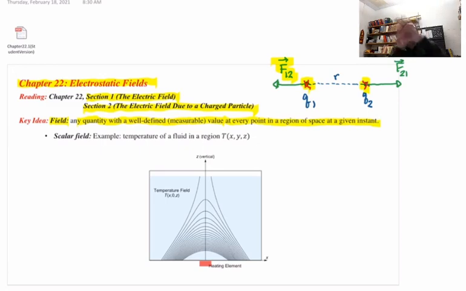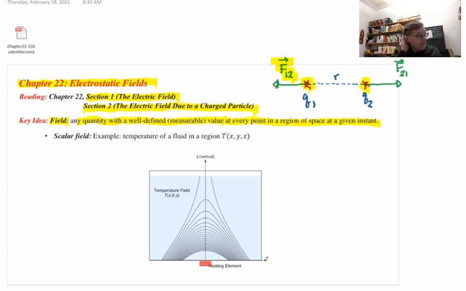So we're talking about a whole region of space, not just one point. And there's a well-defined value for some quantity at every point in that region. And that whole set of those values at all those different points together is called a field.